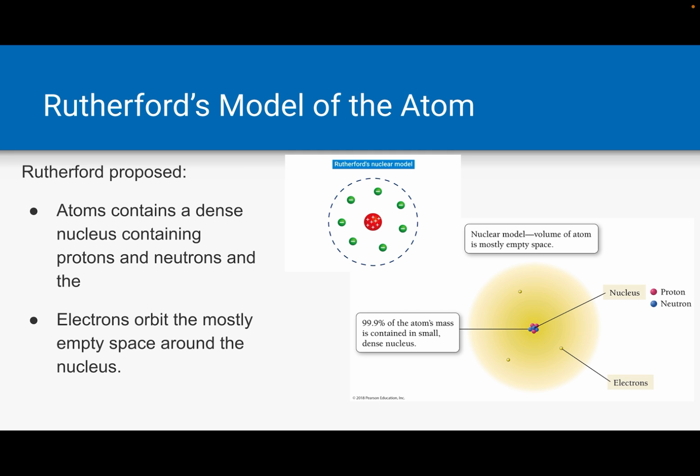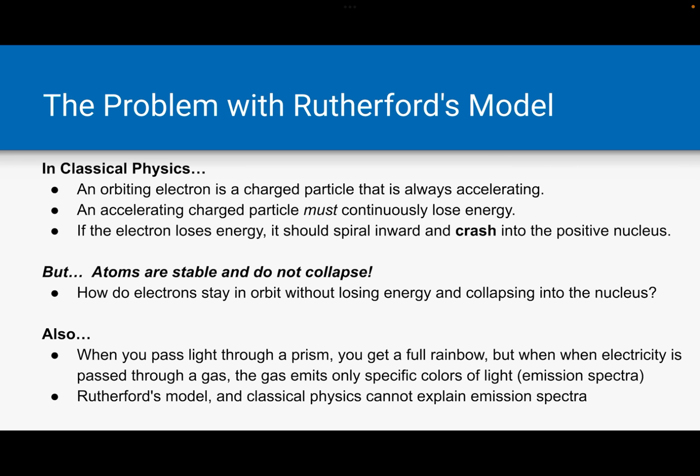Now we're going to jump into where we are moving forward. The Rutherford model had some issues. If you were to use the rules of classical physics, our standard physics that they had known up until that point, this model of the atom was not going to work. The idea of an orbiting electron as a charged particle is that in order for it to continue to orbit, it must be continuing to accelerate.